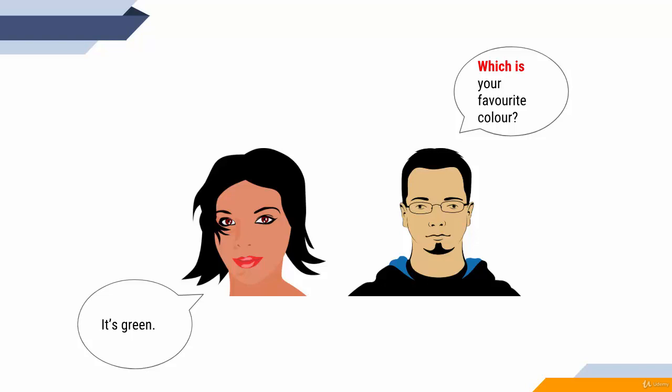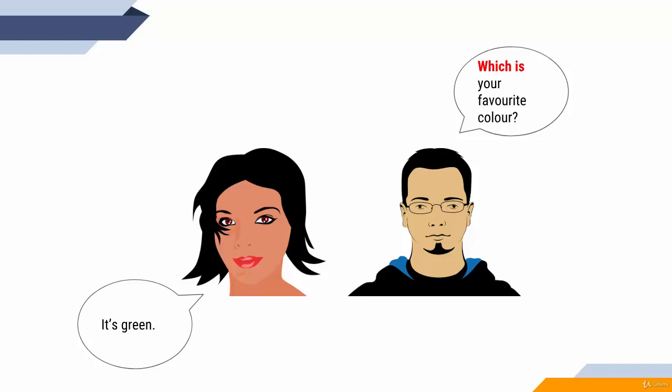You didn't understand what the favorite color was. So when you ask which is your favorite color, you want some information about something. Which is your favorite book? Which is the TV show that you like? Which is the music that you like to listen to?